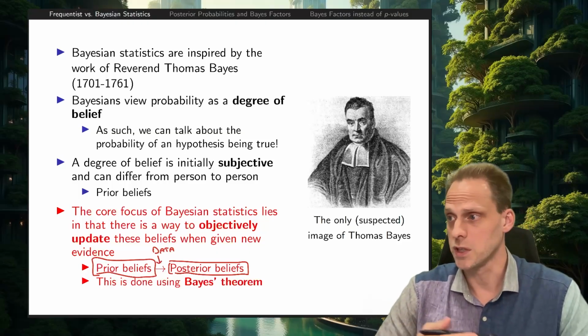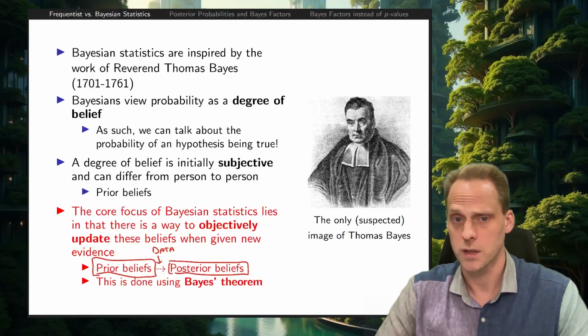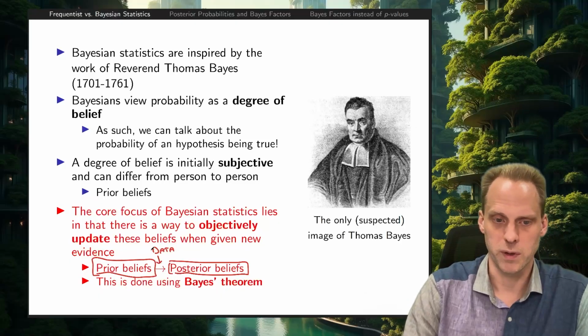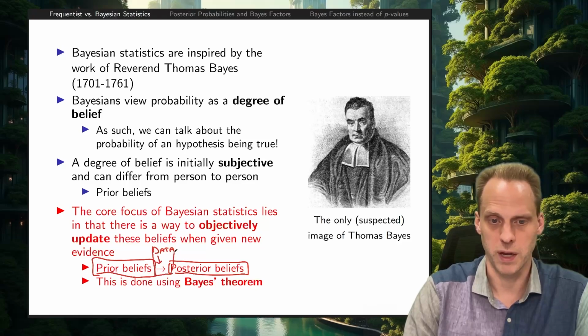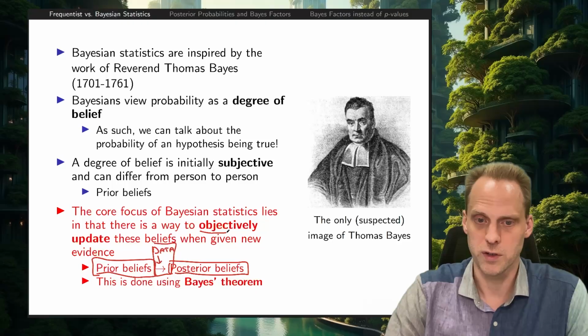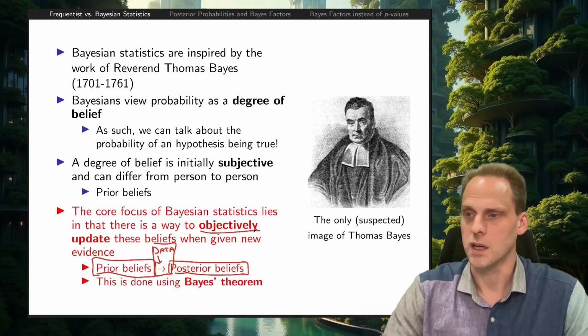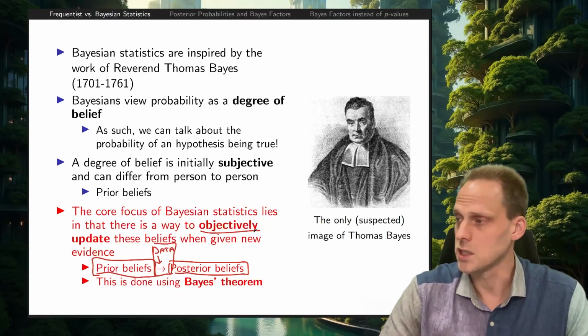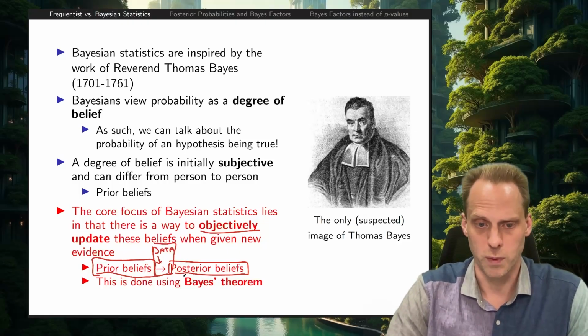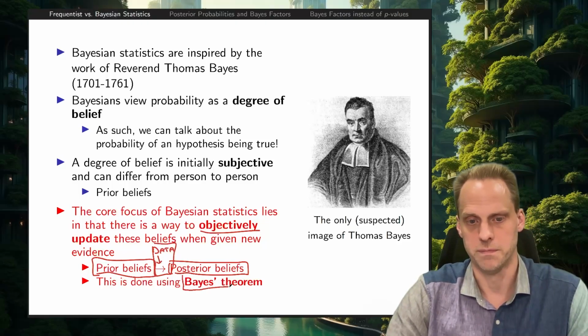Both prior beliefs and posterior beliefs are in a way subjective, depending on me. But the way that you go from prior beliefs to posterior beliefs, the updating of beliefs, is something we can objectively do. And this is the big thing that Bayesian statistics is all about, really. We can do that using a formula called Bayes' theorem.